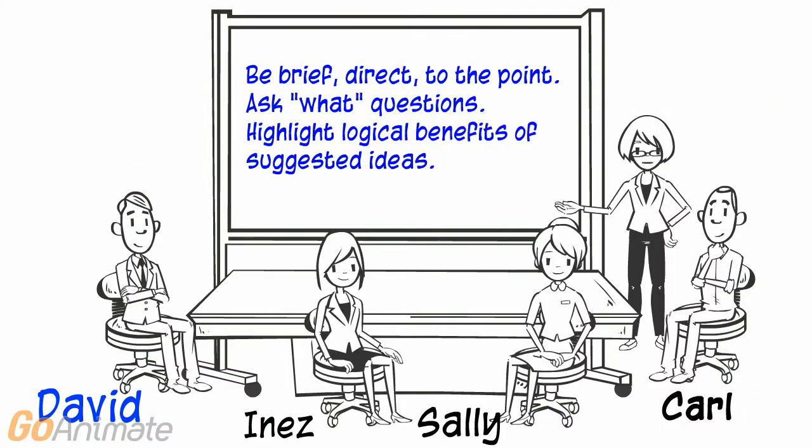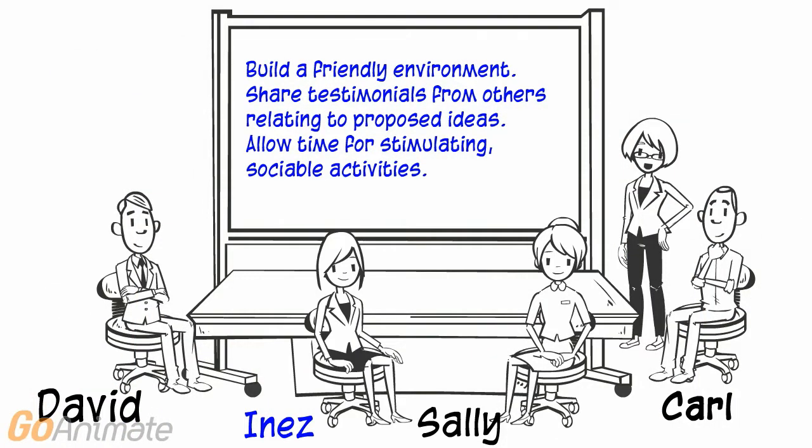David is a D. With him, I can be brief, direct, and to the point, ask what questions rather than why and how questions, and highlight the logical benefits of any suggested ideas. Inez is an I. To keep her engaged, I can build a friendly environment, share testimonials from others relating to proposed ideas, and allow time for stimulating sociable activities.